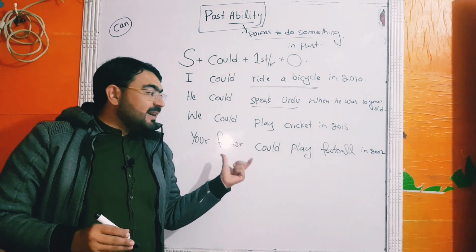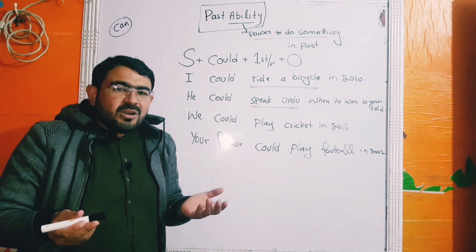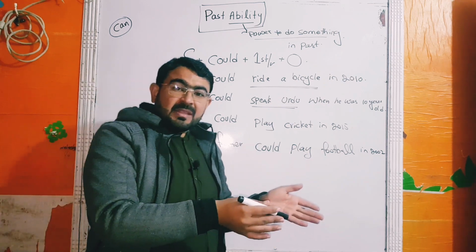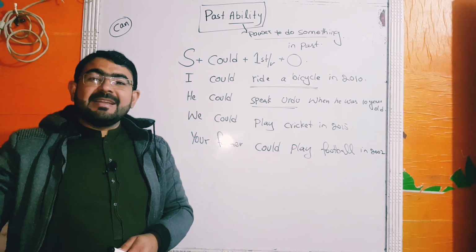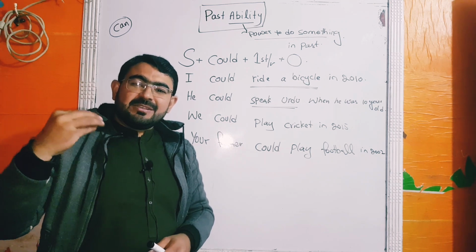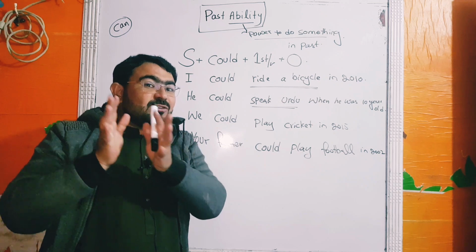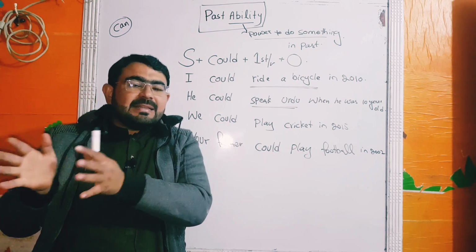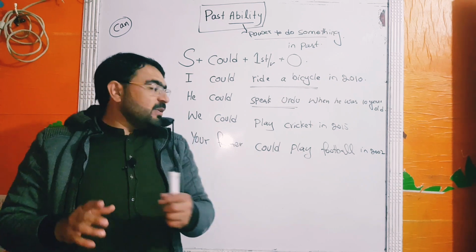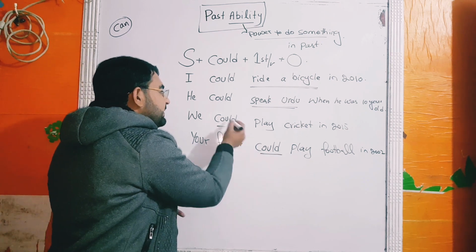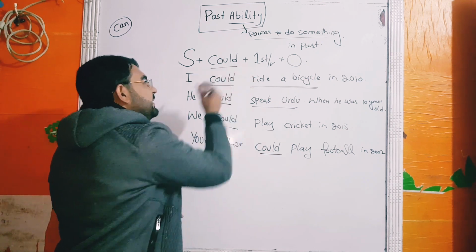This was your father's ability, but now he is old, he cannot play football, he cannot run. But when he was 10, 15, 20 years old, this was his skill, his ability, his power. So we can use could. Could is used for past ability.